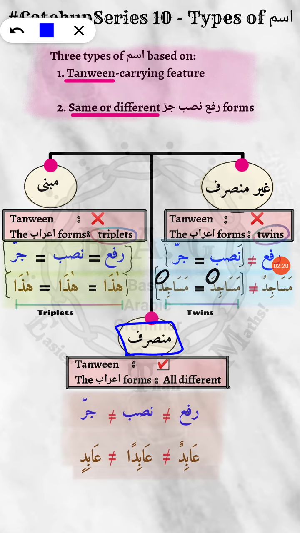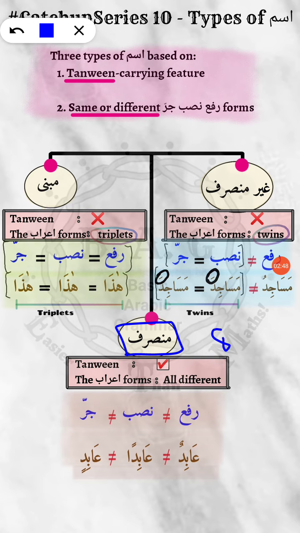So our focus in this course is going to be the munsarif asma. Of course, we are going to study ghair munsarif and the mabni asma here and there, whenever and wherever they pop up. We're going to study them as they turn up. And munsarif asma are the ones that are going to form the basic bulk of our course as well, inshallah.